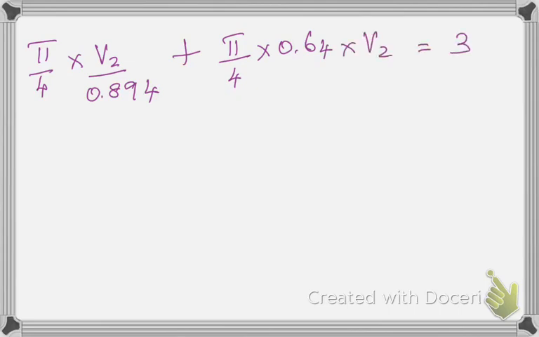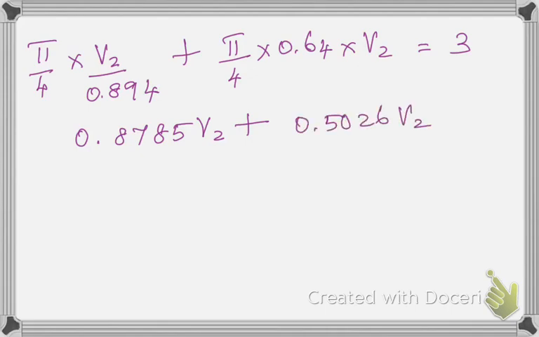On simplifying this I will be getting 0.8785 V2 plus 0.5026 V2 is equal to 3. From here I can calculate V2 very easily, which is V2 equal to 2.17 meter per second.